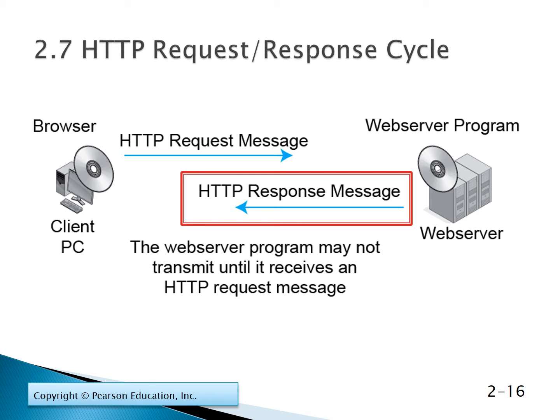But there is a particular order here. The web server program may not transmit any message until it receives an HTTP request message. That is the order of the messages, and it's defined in the protocol. Different protocols will have different message orders. This HTTP request-response cycle is one example.